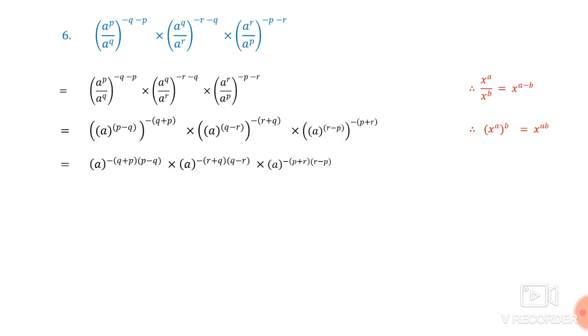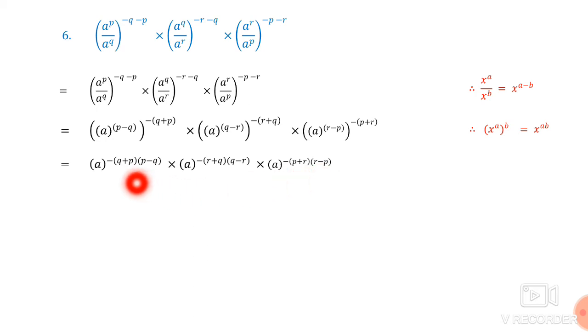So we have a exponent minus (q plus p)(p minus q), or we can write it as (p plus q)(p minus q). Okay, base a and the exponent is minus (q plus r)(q minus r), since r plus q is the same, so it's better to write q plus r. And in the third bracket we have a exponent minus (r plus p)(r minus p).